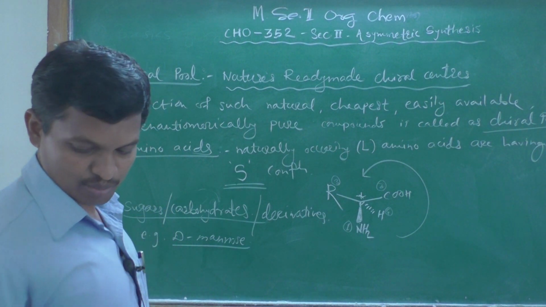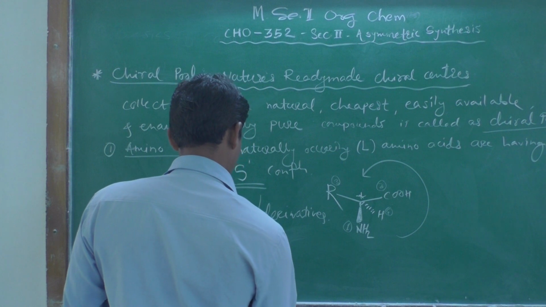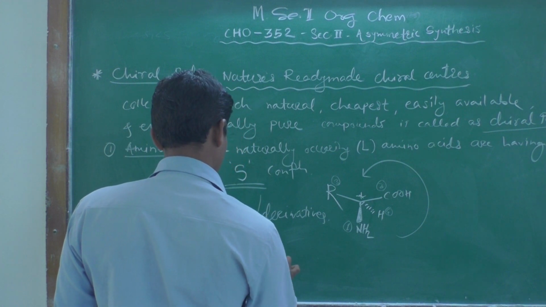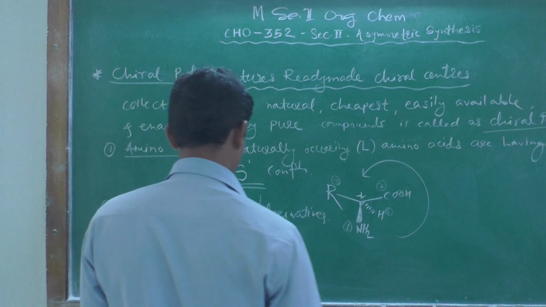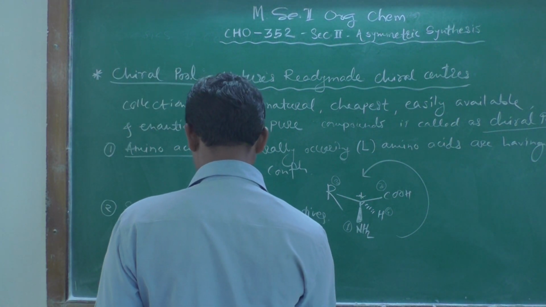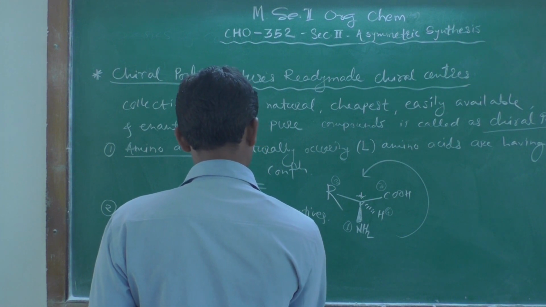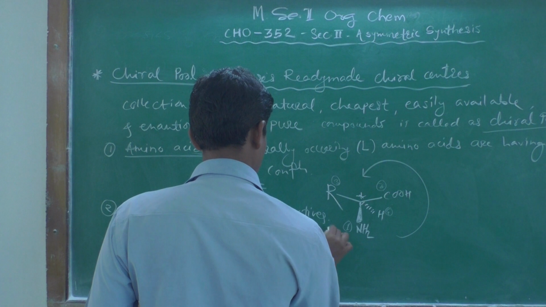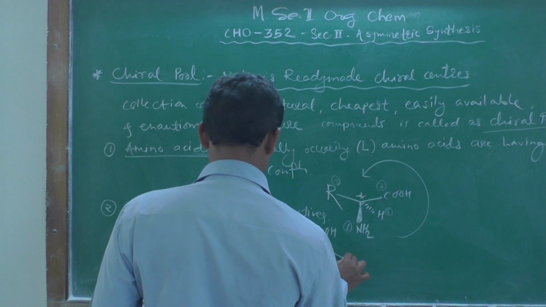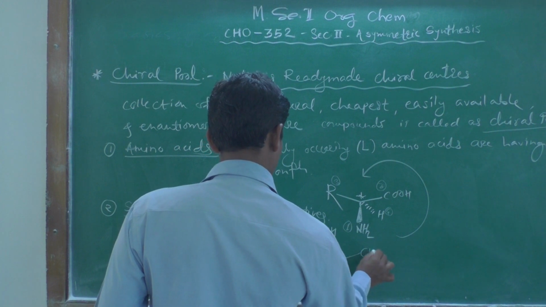The structure is very simple, and we are writing here the open chain formula: CH2OH, CHOH, CHOH, CHOH, CHOH, and here CHO.